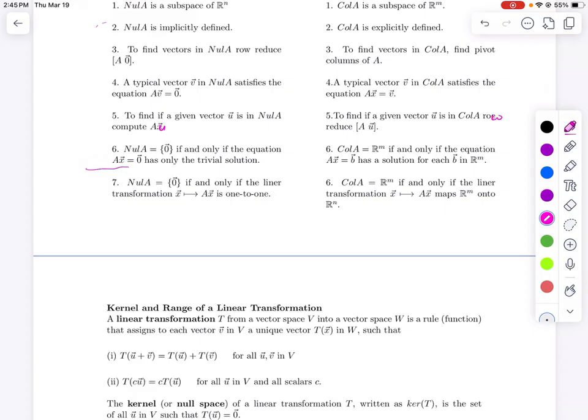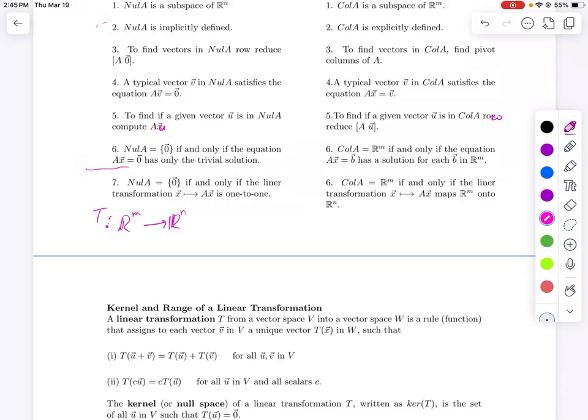We were looking at our differences considering the matrix A, but number 7 is talking about linear transformation. The type of transformation that we have seen is from R^m to R^n.